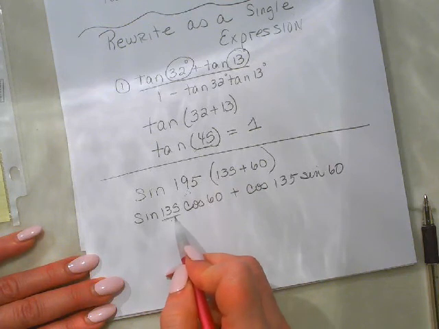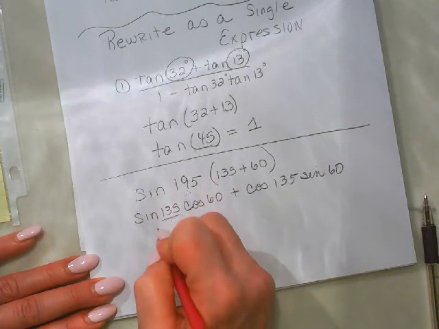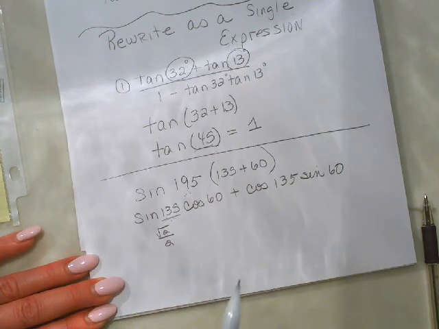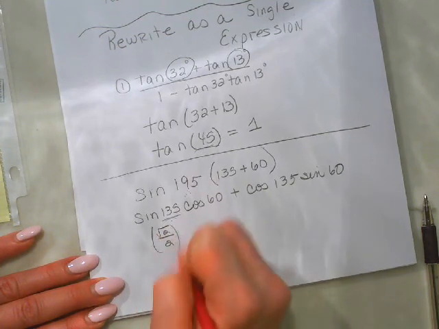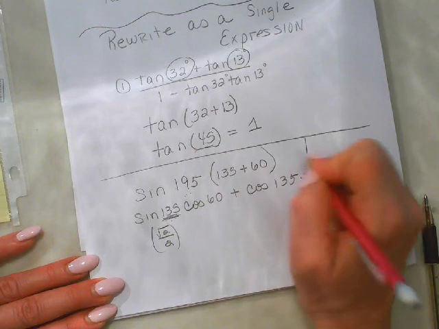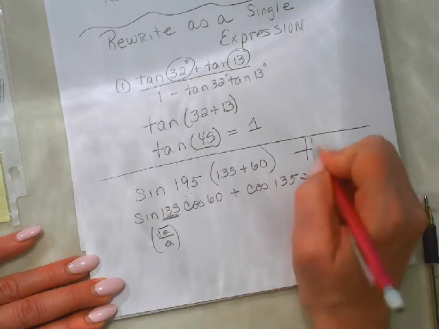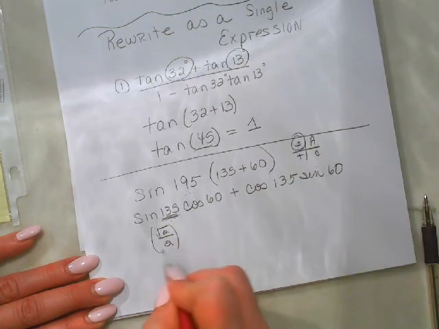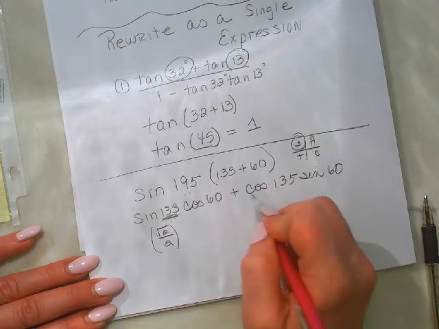Okay, the cosine of 135, it's a 45-degree reference angle, so it's going to be radical 2 over 2. This is what you have to be careful with. This lives in quadrant 2, 135.